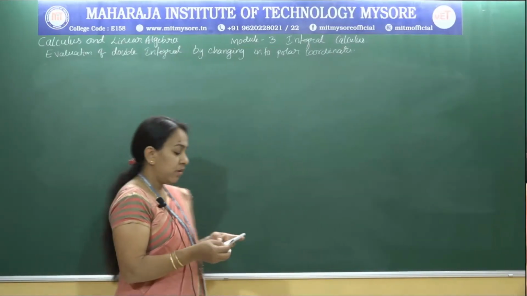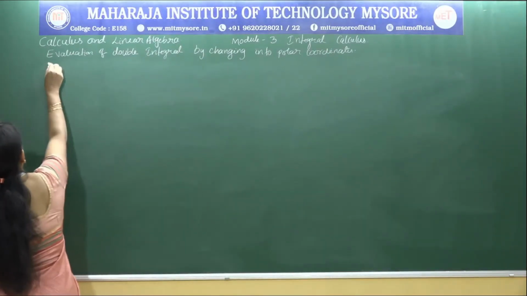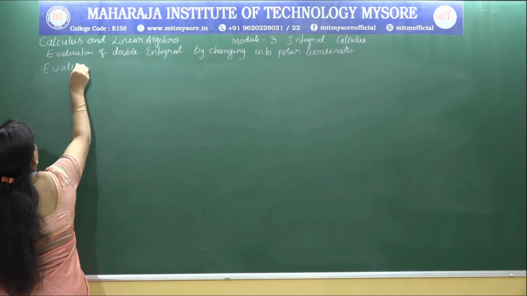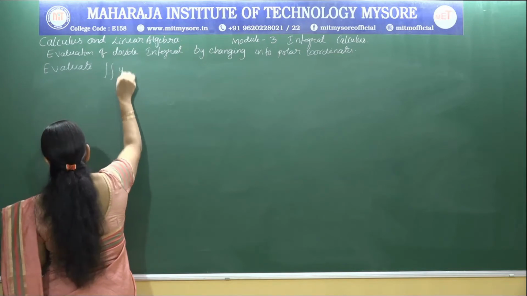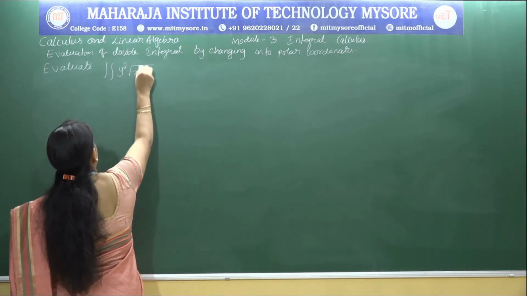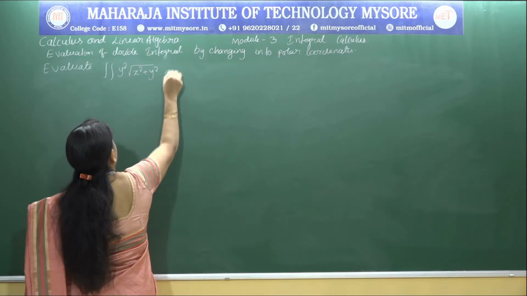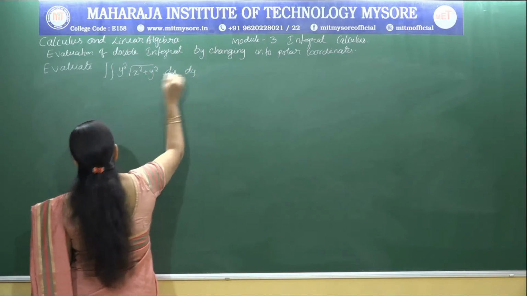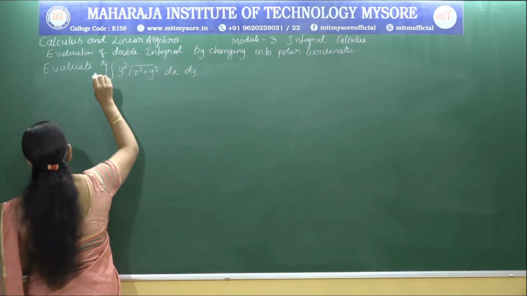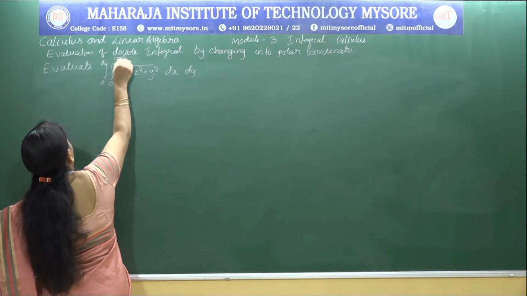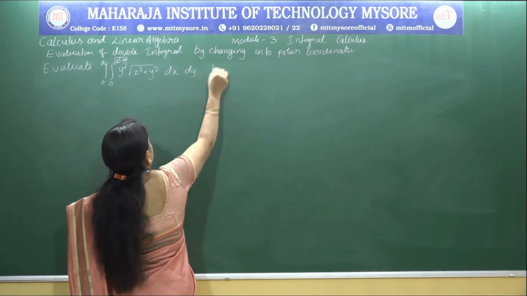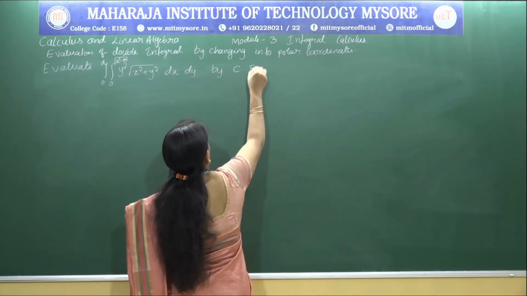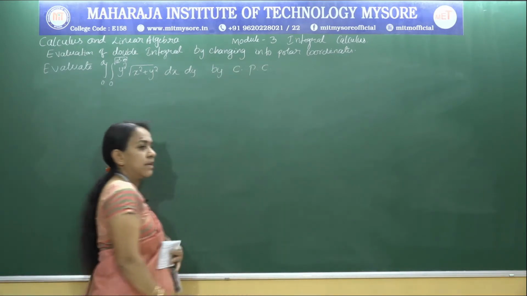Problem: evaluate the double integral of y square into root of x square plus y square dx dy between the limit 0 to a and 0 to root of a square minus x square, by changing into polar coordinates.